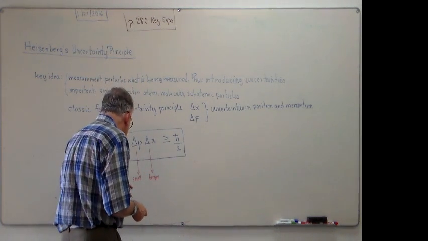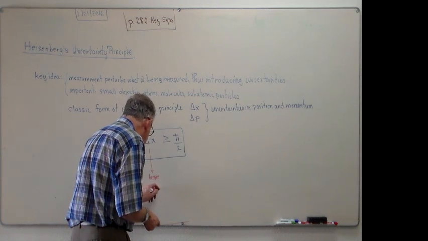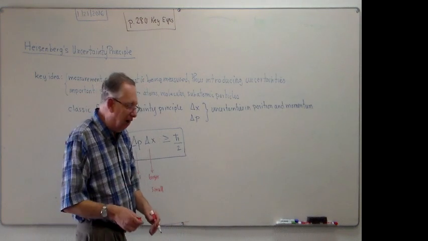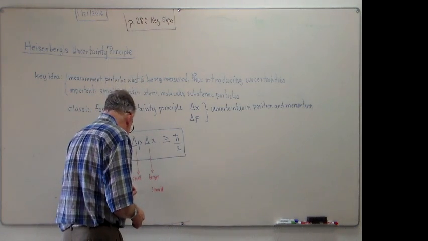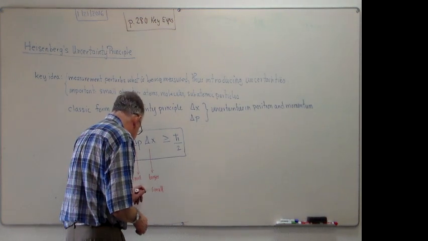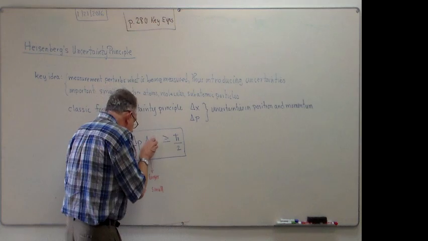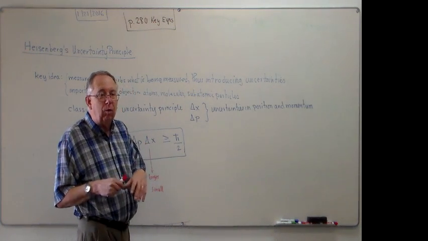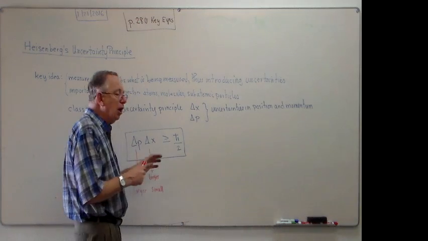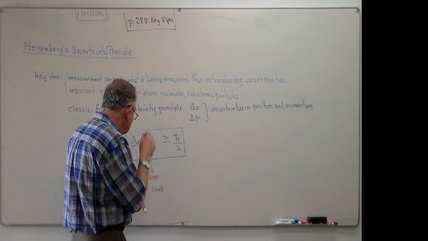The other limit is you say, I want the uncertainty in position to be small. I want to know exactly where it is. The uncertainty in momentum therefore becomes larger. So if I really try to tightly define one of these, the uncertainty in the other quantity grows.